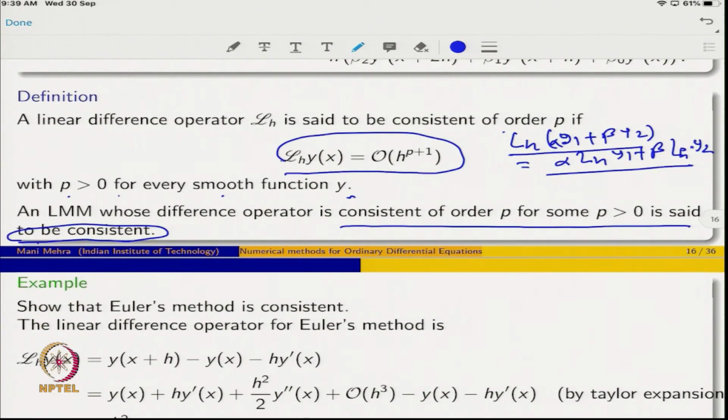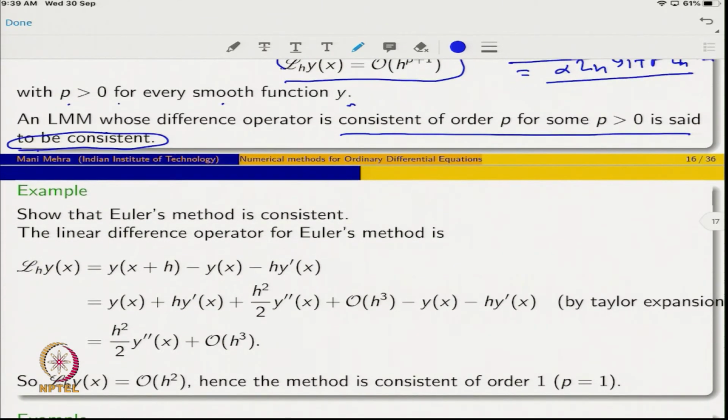Though we already know that the Euler method is consistent, because in fact we have gone one step ahead and proved the convergence of that method, still in this way also we can prove the same thing. The linear difference operator of the Euler method will be this.